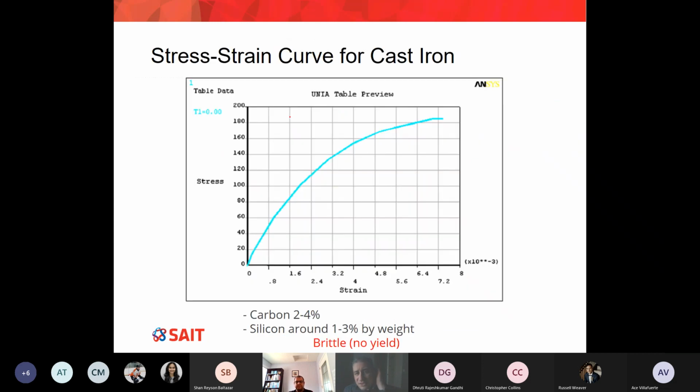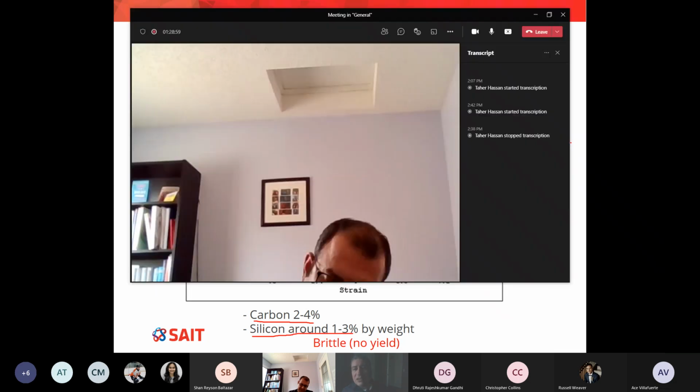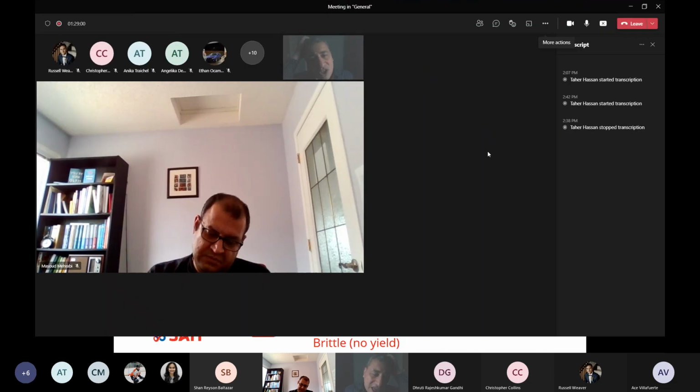Now, under the same machine, we can test another kind of steel called cast iron. Cast iron has a different composition, and you can read it below the curve. It has about 2 to 4% carbon, so we increase the amount of carbon, and we also add silicon, 1 to 3%. I want you to understand that cast iron is not like mild steel.